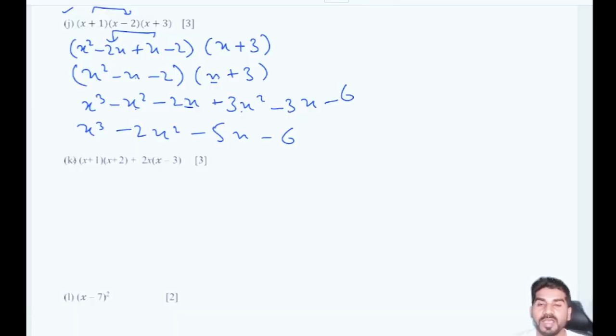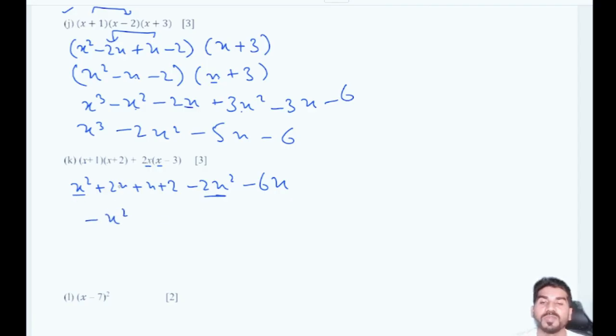Okay, then part K is x times x, it will be x square, then x times 2. Then 1 times x, it will be x, and 1 times 2. Then there is a multiplication of 2x with the x, it will be 2x square, and 2x times 3, it will be 6x. Now you can see x square and 2x square, there will be 3x square.